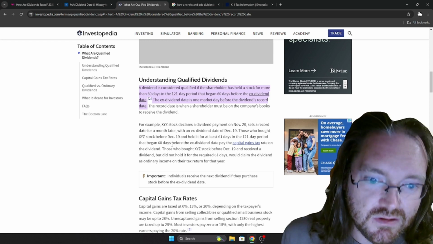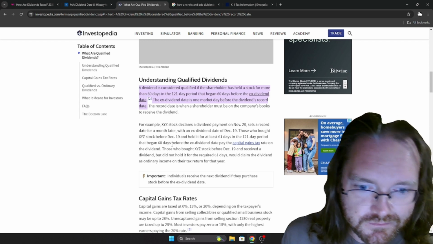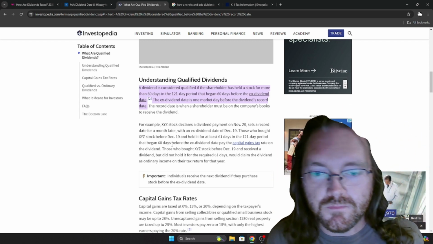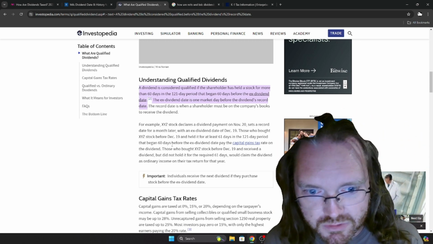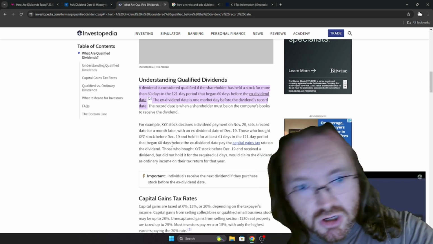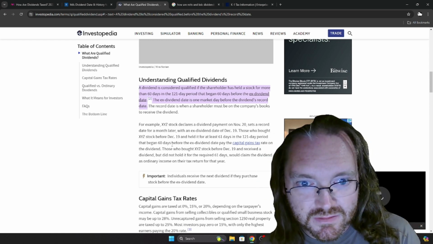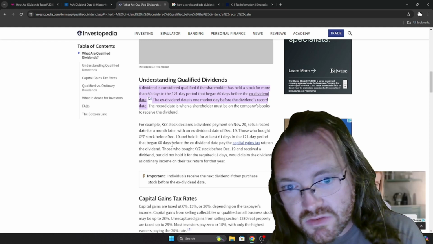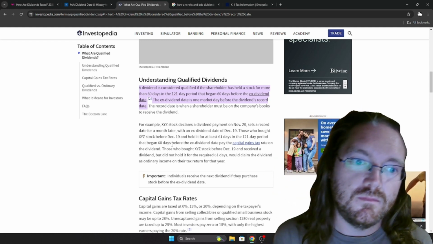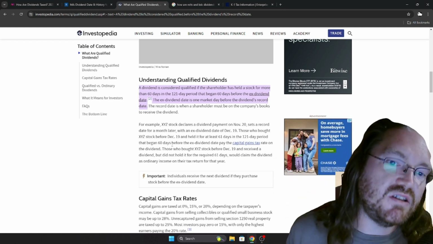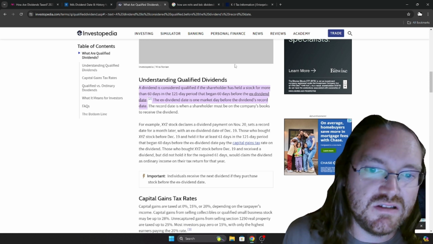Pretty sure that's the breakdown of it. Of course, let me know down below if that's off, but from reading this jumbled mess, that's what I'm getting. Own it for 60 days before the ex-dividend date.